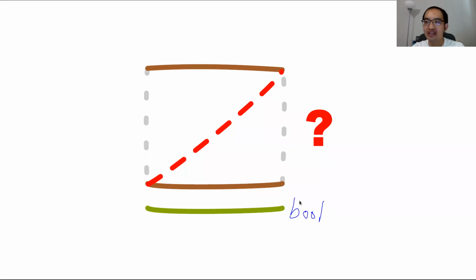Even though it's a line, I'm going to just assume that it's bool all the way, and the top is true, and the bottom could be false, because nothing says that they need to be the same, right? Before adding this diagonal, they are completely disjoint. So it's impossible to have this operator for every type, because already in bool, you cannot have a path between false and true. So the answer is no.